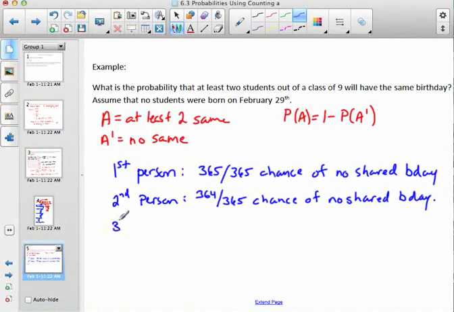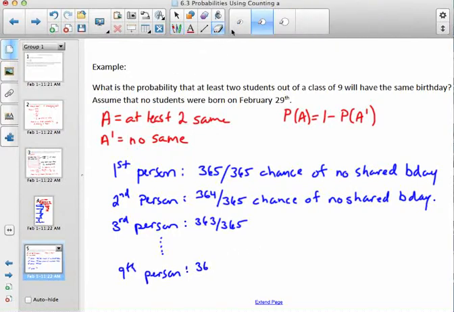Now, the third person, now we have a class of 3 people. You can't share May 1st, can't share May 2nd, so 363 out of 365 chance. And if we go all the way down, the 9th person has a 350, what?